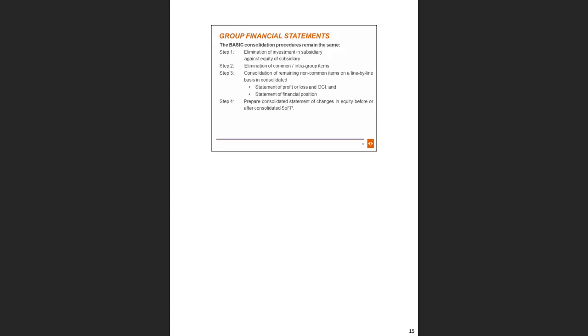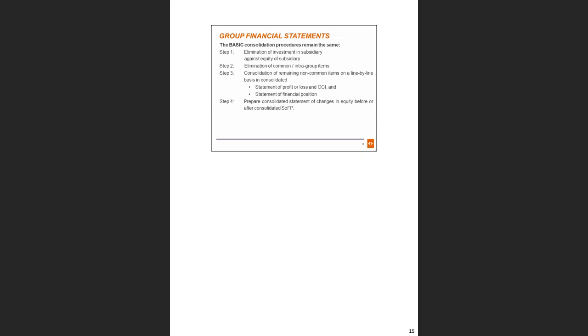But this is just to illustrate the point. But let's just go through the new step we have created now. Remember we had a look at steps 1 to 3. Now we need to add step 4. So step 1 is elimination of the investment in the subsidiary against the equity of the subsidiary.